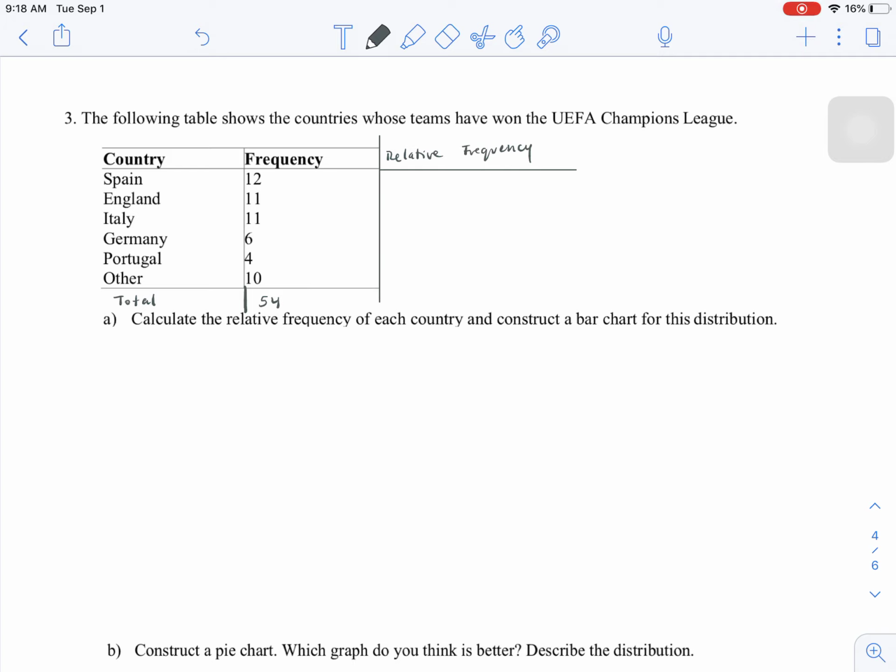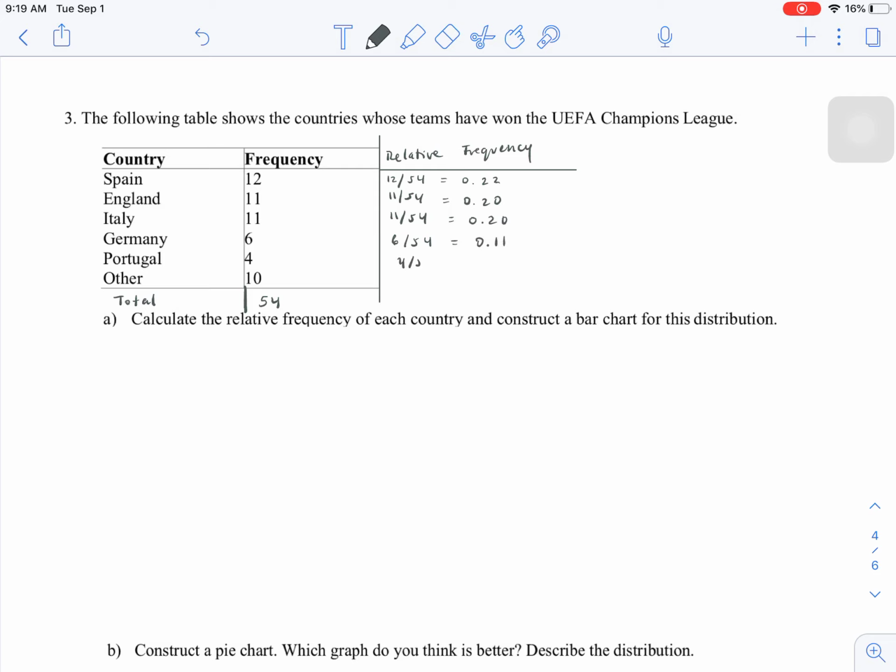So then the relative frequency for Spain is 12 over 54, which I can round to 0.22. The relative frequency for England is 11 over 54, which is 0.20. Similarly for Italy, it'll be the same because they've also won 11 times. For Germany, it's 6 over 54, which is 0.11.